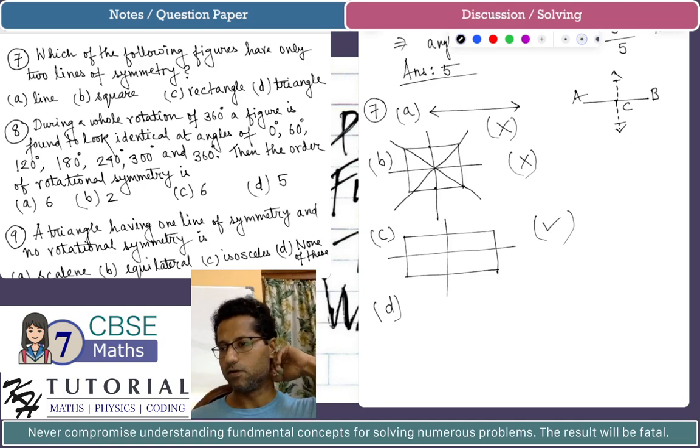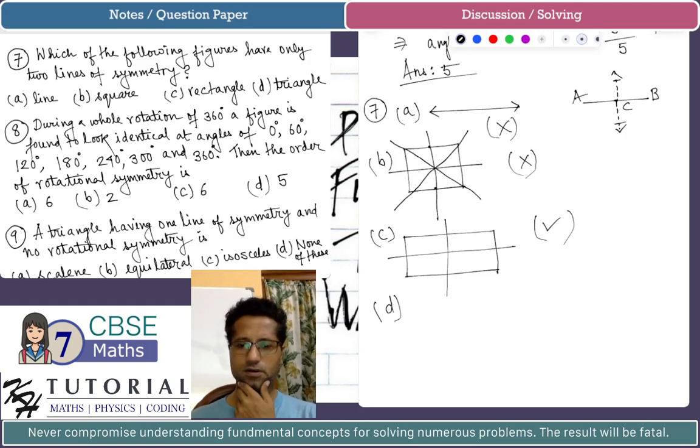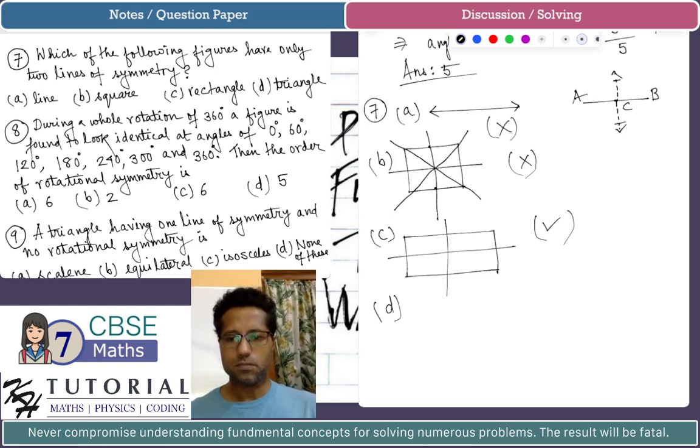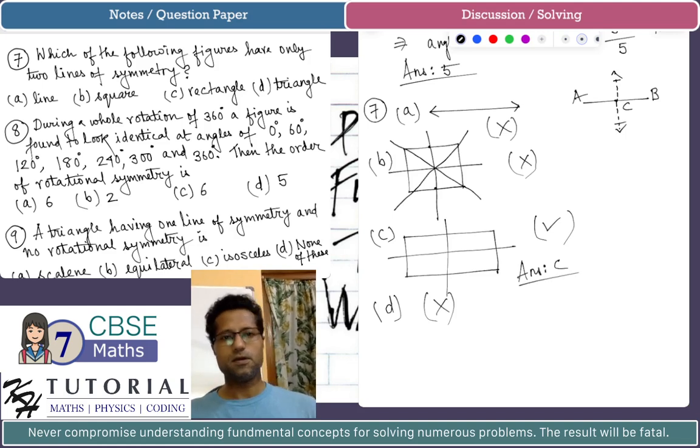We know that an equilateral triangle will have 3 lines of symmetry, where the lines of symmetry are 120 degrees apart, and an isosceles triangle has 1 line of symmetry, which is the angle bisector of the angle included by the two equal sides. So D, triangle, is also not a choice. So definitely the correct choice is C. That is, a rectangle has 2 lines of symmetry.